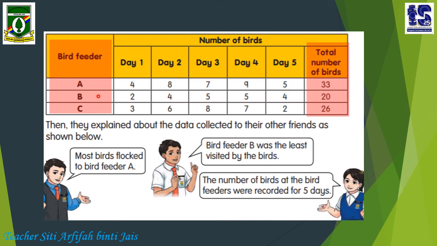So from this data, we can explain that most birds flock to bird feeder A, while bird feeder B was the least visited by the birds.